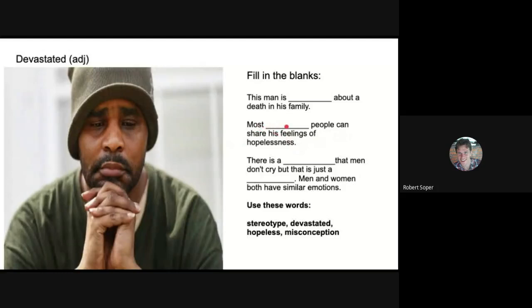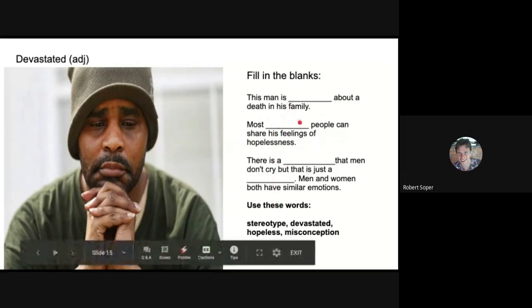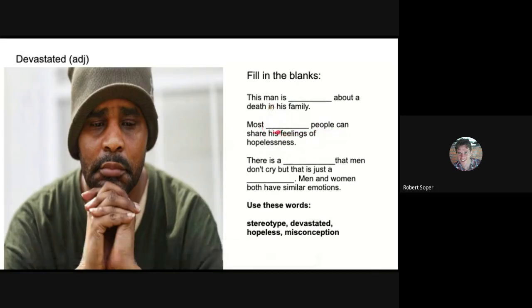So here, we're describing people by using the adjective hopeless. The most hopeless people can share his feelings of hopelessness. That's because they're hopeless too. They are also without hope.